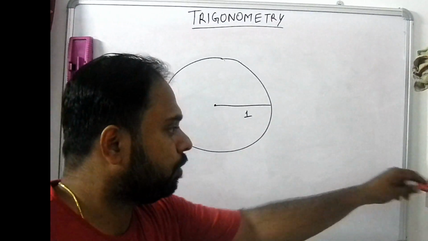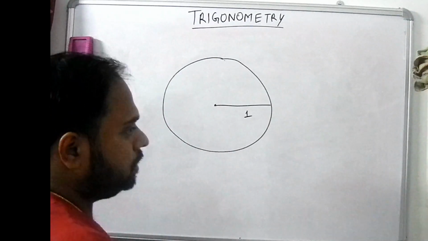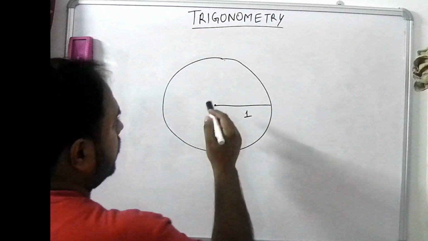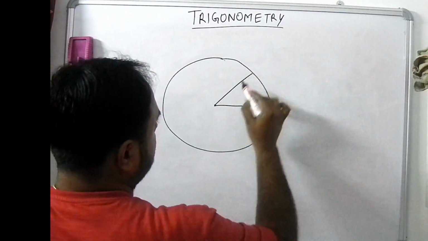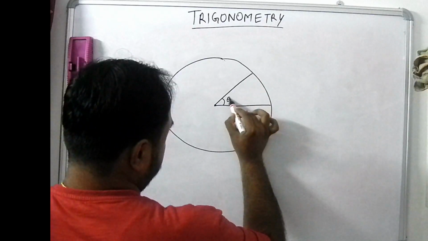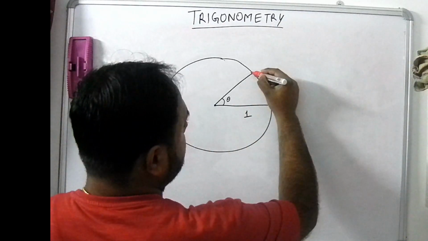Let me pick up the red pen. Now there is a point, and suppose I move by theta from here. Let's find the x coordinate of this point.